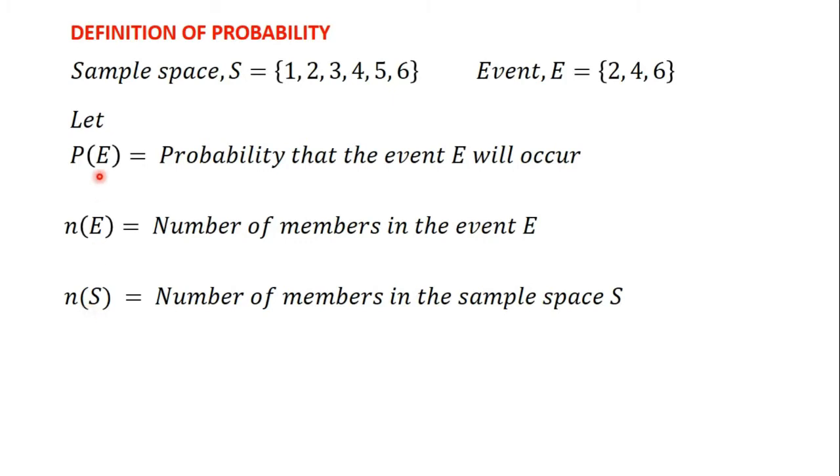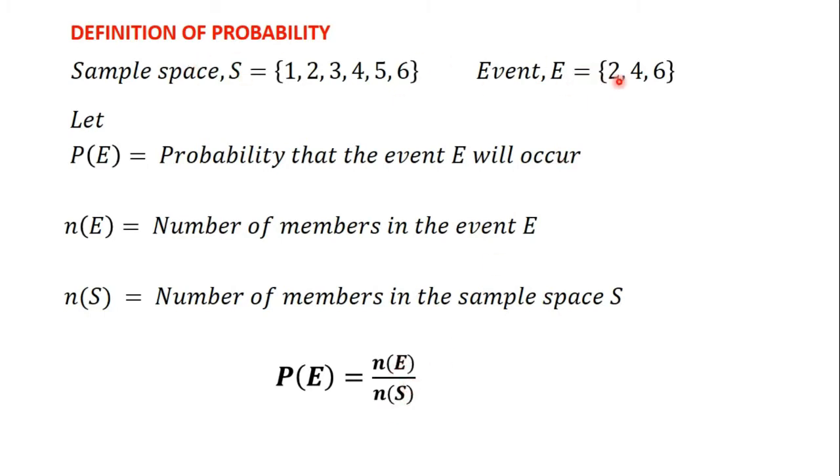The probability that E will occur, written as P(E), is equal to the number of members in the event E divided by the number of members in the sample space S. So anytime you are told to find the probability that an event will occur, it is given as the number of members in the event divided by the number of members in the sample space.